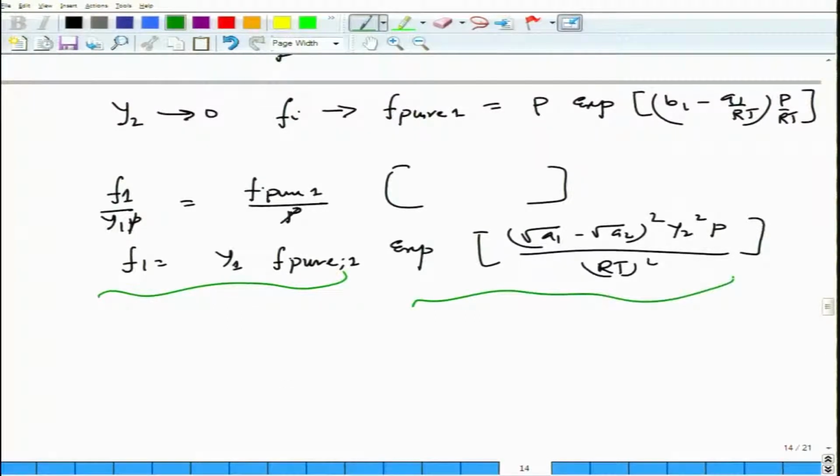This is the additional correction, nothing but the correction to the Lewis fugacity rule. So, take a note of this expression, and then I will take one example.